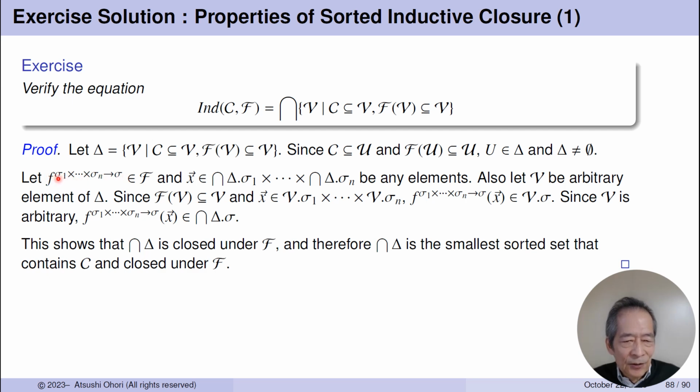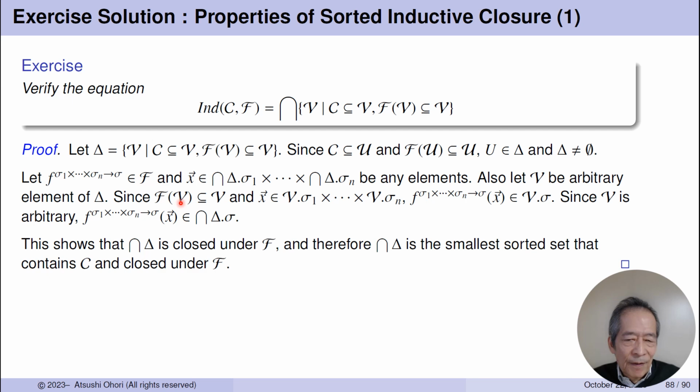Then according to this sigma 1 through sigma n, we pick an n-tuple from this big intersection. We pick an arbitrary element, and also let V, this is a sorted set, be an arbitrary element of this delta.